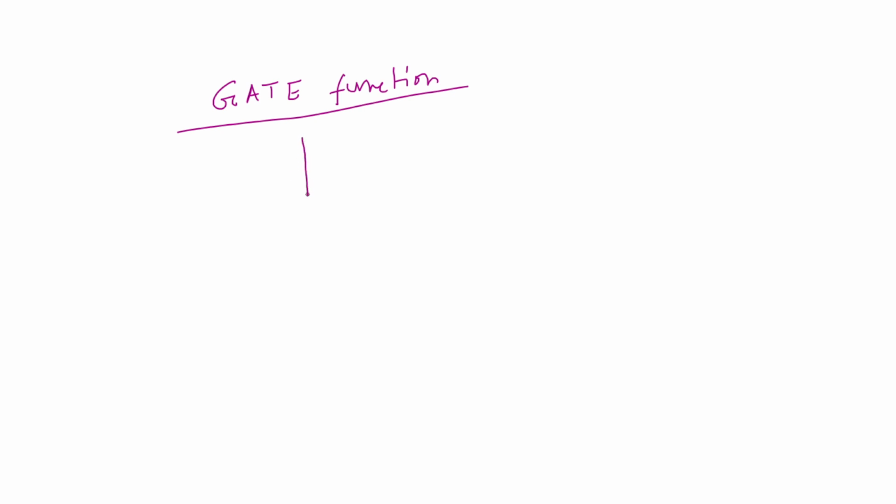Pictorially, it is represented by this gate-like structure. On the x-axis we have time, on the y-axis we have some magnitude. Let us say this magnitude is A, and this is a and this is b.